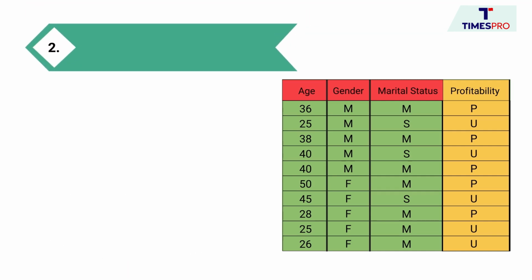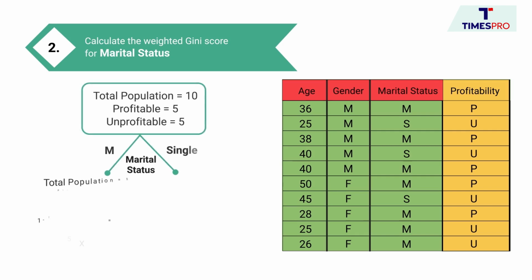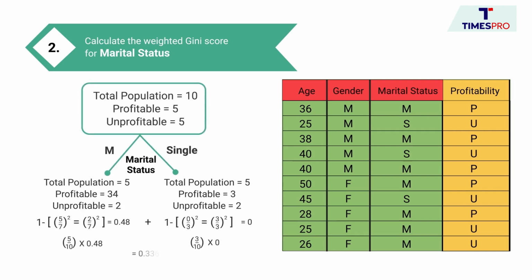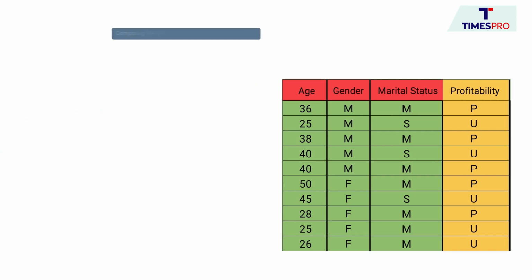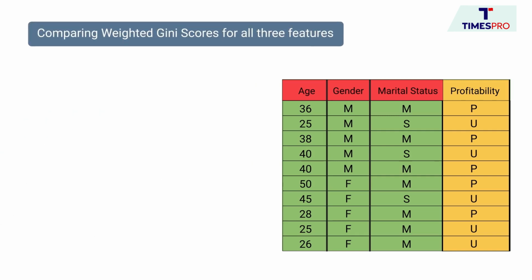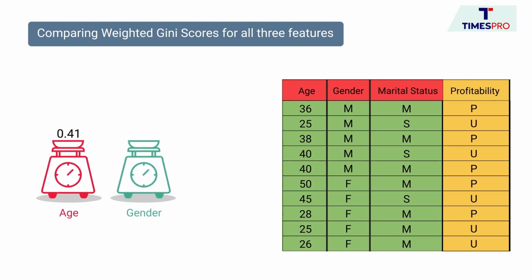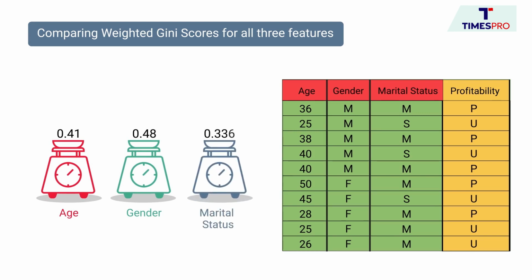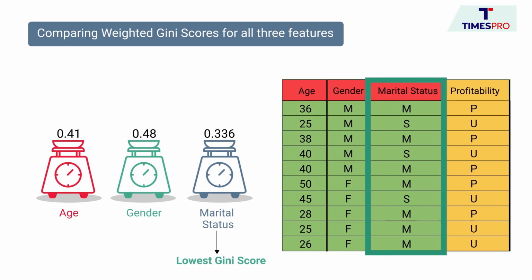Likewise, we calculate the weighted Gini score for marital status, which comes to 0.336. Comparing the weighted Gini scores for all three features, age, which is 0.41, gender 0.48, and marital status, which is 0.336, the feature with the lowest Gini score is considered for the split, which is the marital status.